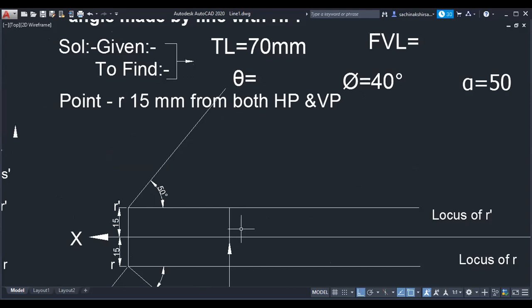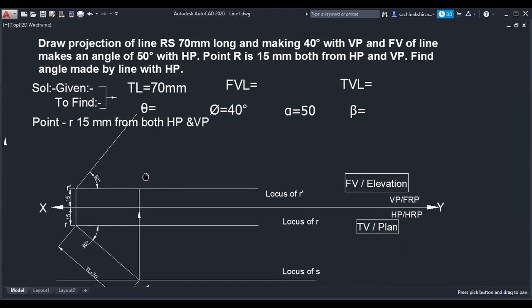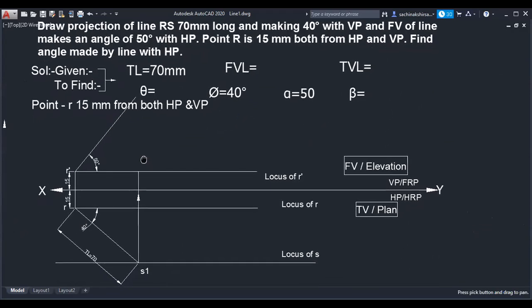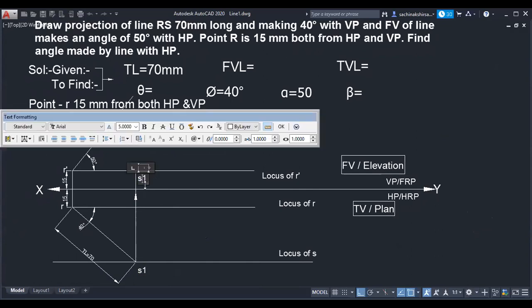You have drawn. Okay. Then here you get S1 dash. You can give this notation as S1 dash, something like this.